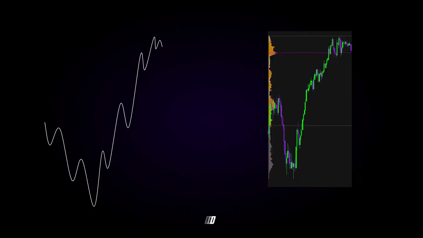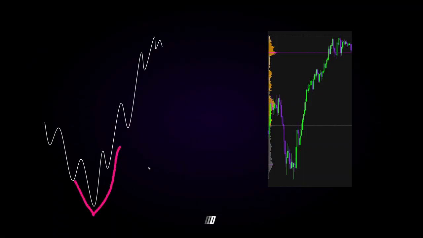Another type of session that is often common is a V reversal session. A session where it begins with a very directional auction, typically sell, but could also be a buy side auction, and then a V reversal.